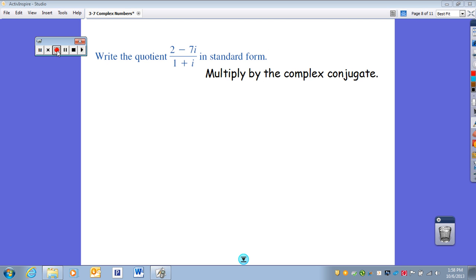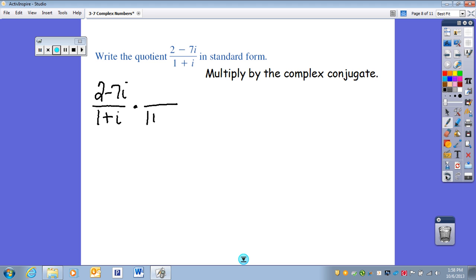In our next example, we want to write this quotient in standard form. To do that, we cannot have an imaginary number in the denominator of a fraction. So we want to get rid of that by multiplying by what is called the complex conjugate. So what we're going to do is take our rational expression and multiply both the numerator and the denominator by the opposite of the denominator.